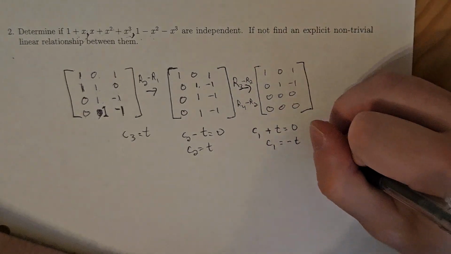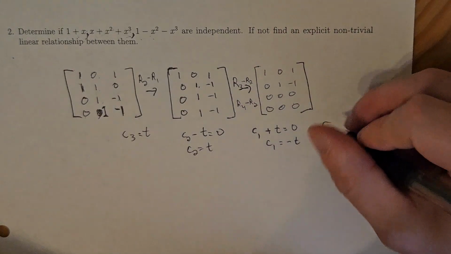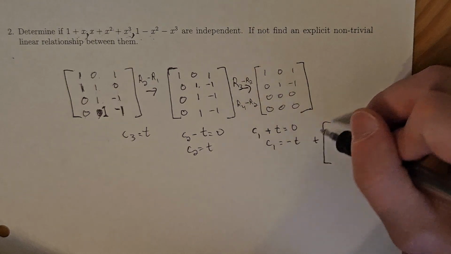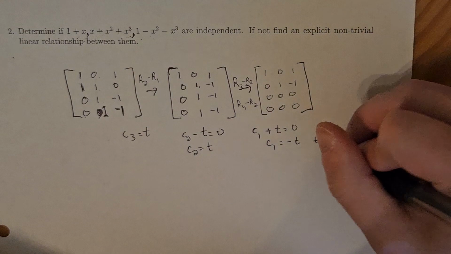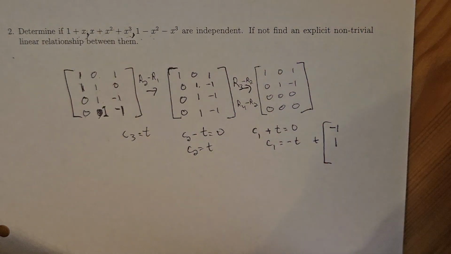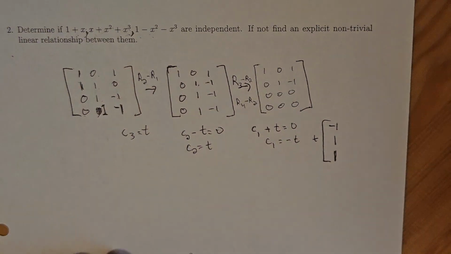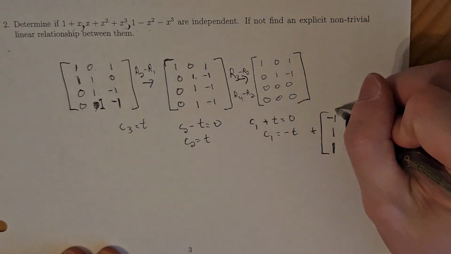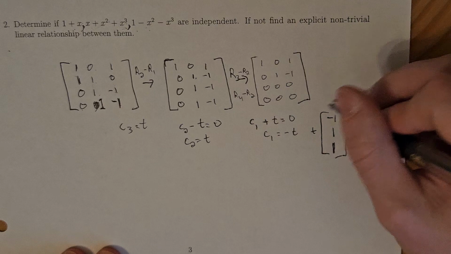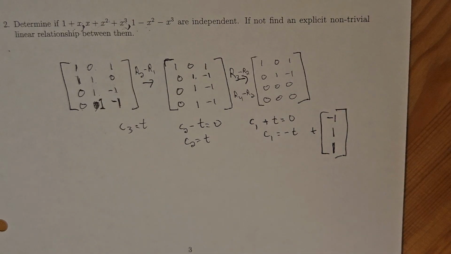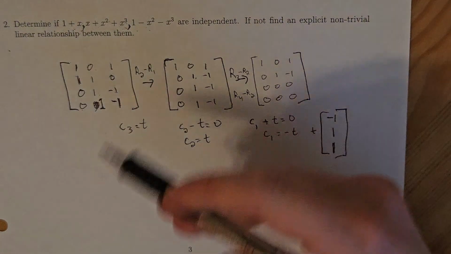So if we do that, we get that C1 is t times -1, C2 was t times +1, and C3 is +1t. Okay, so this right here is a set of non-trivial solutions to our system.